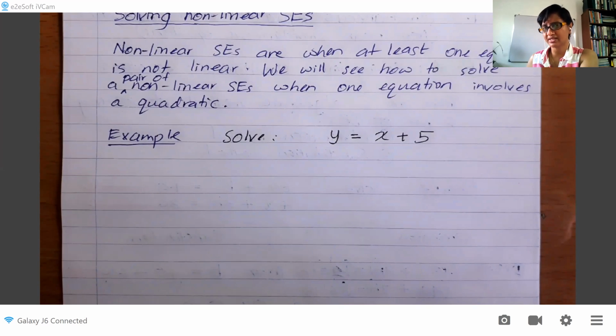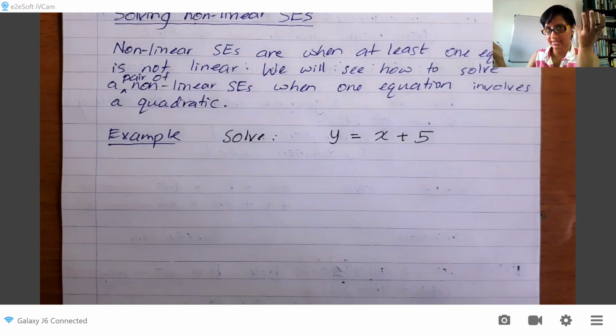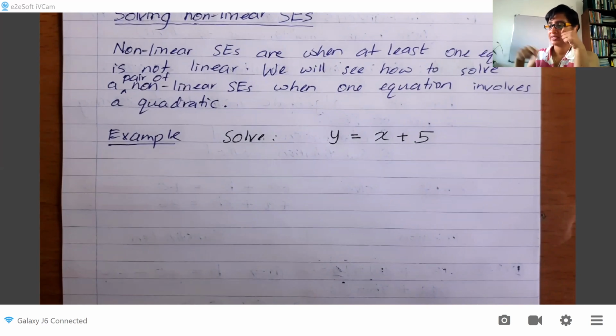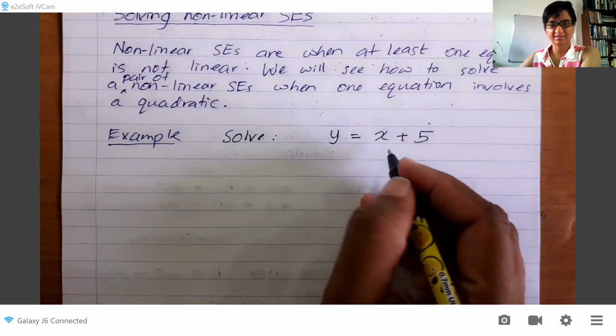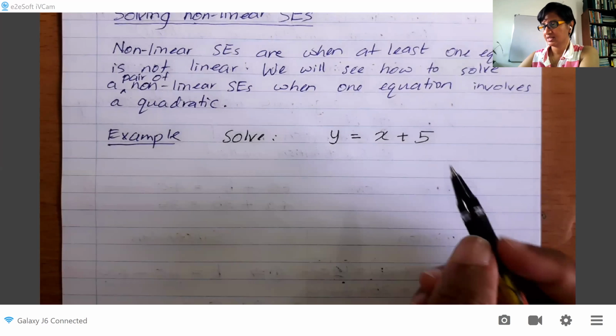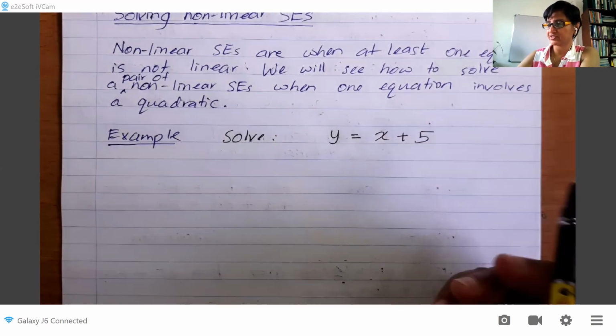Usually in your simultaneous equations, they are arranged so that your unknowns are on one side and your number is on the other side, right? But here, this is how I give you. It is easy when I give it like this. It's like a function, y equals x plus 5. It's like the equation of a straight line graph.